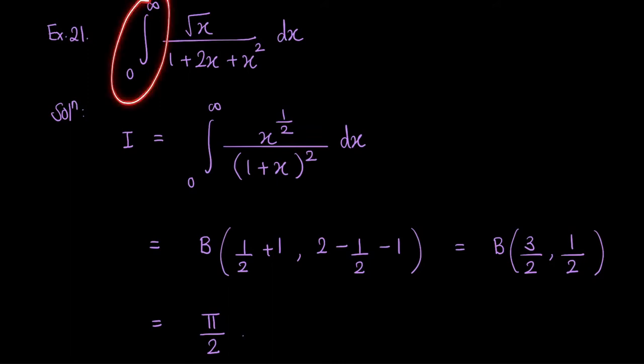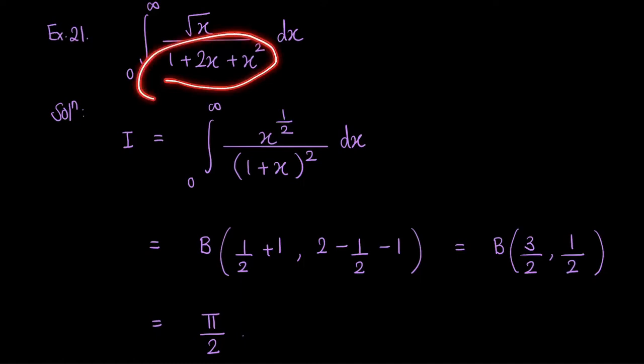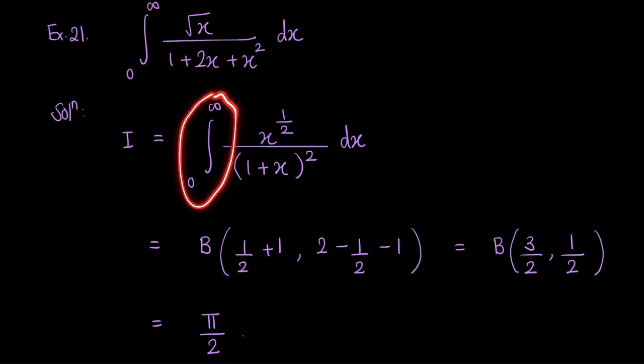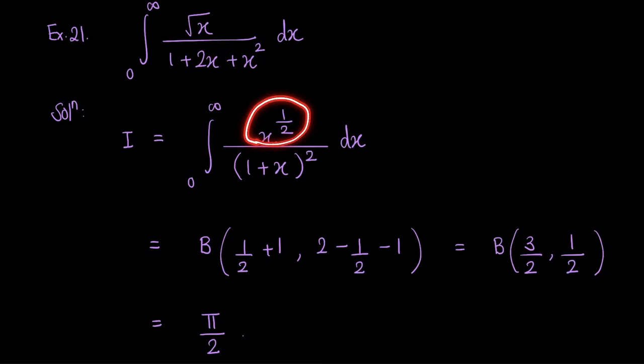Now the next example is integration 0 to infinity square root of x upon 1 plus 2x plus x square dx. So this integral can be written as integration 0 to infinity square root of x, that is x raised to 1 by 2, and 1 plus 2x plus x square, this is the square of 1 plus x.